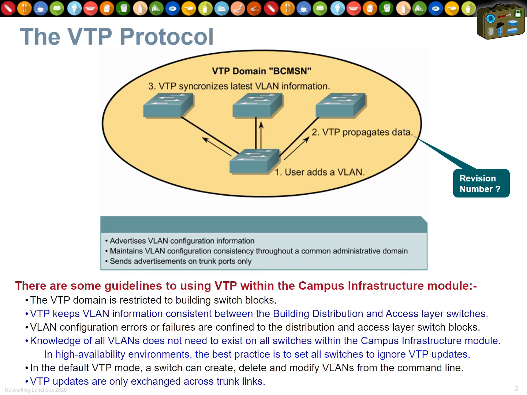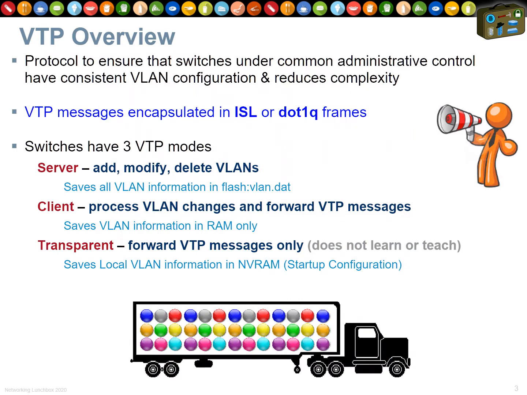The revision number is a critical factor as well, because if you plug in a switch that has a higher revision number than the current server, the boss of your network, and it's got the same name and there's no password, then that switch can overwrite your entire network with wrong or bad VLAN information. So VTP is an awesome tool, but there are some cautions to think about when you're using it. So let's have a look at VTP.